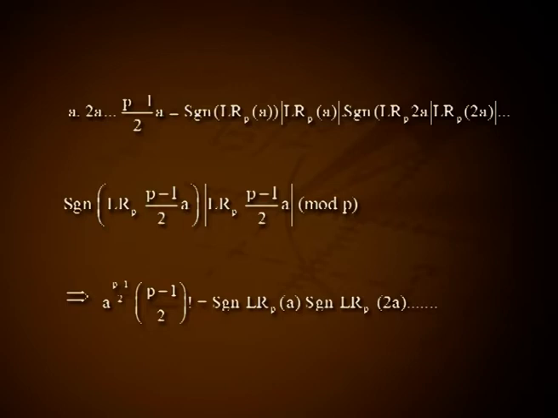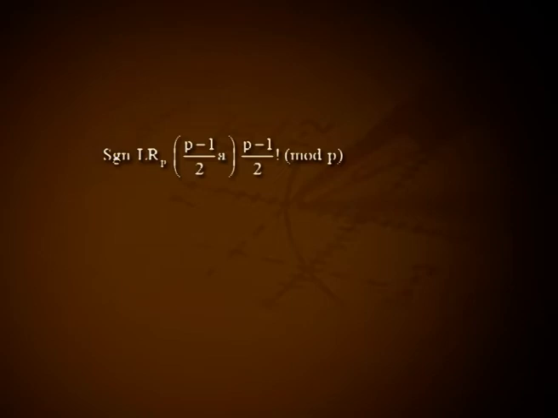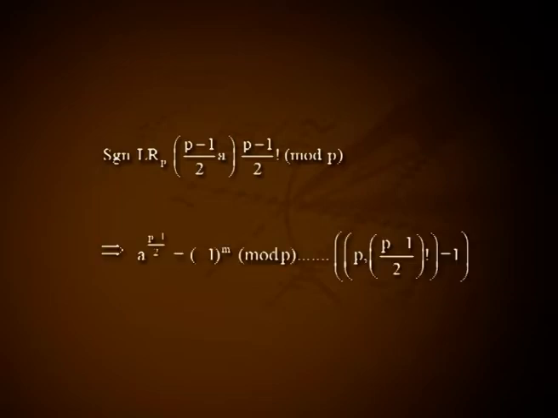which implies a raised to (p-1)/2 times ((p-1)/2) factorial is congruent to sgn LR_p(a), sgn LR_p(2a), etc., sgn LR_p((p-1)/2 times a), times ((p-1)/2) factorial mod p, which implies a raised to (p-1)/2 is congruent to (-1) raised to m mod p, since ((p-1)/2) factorial is not congruent to 0.